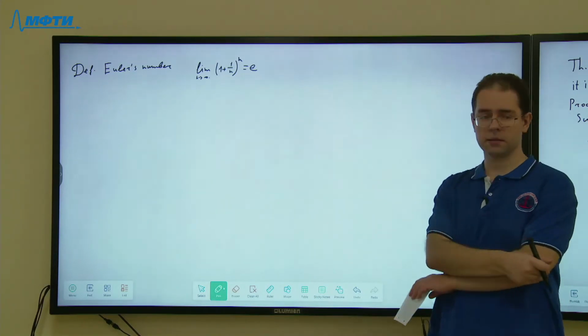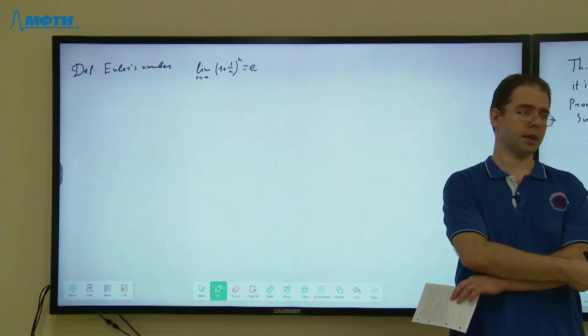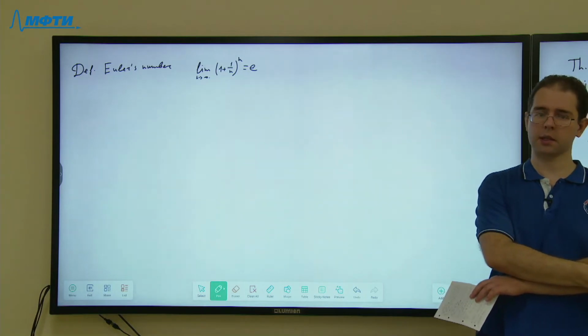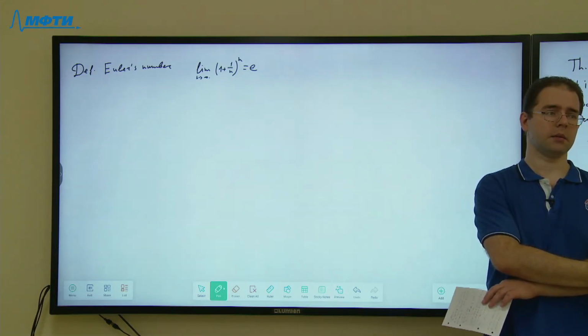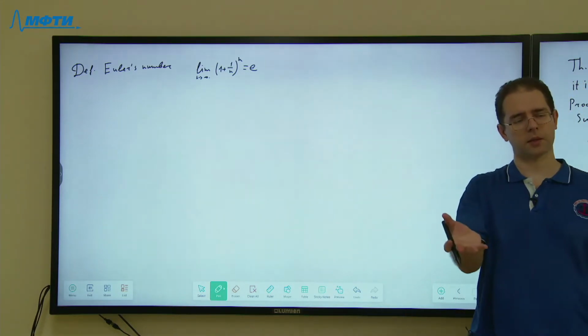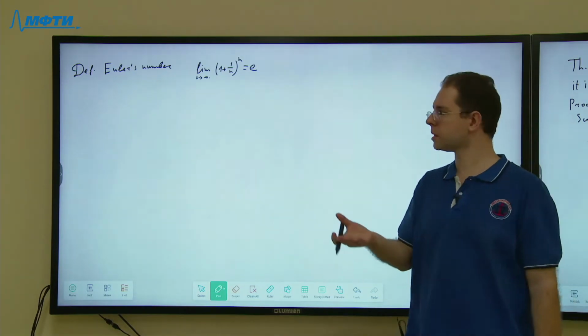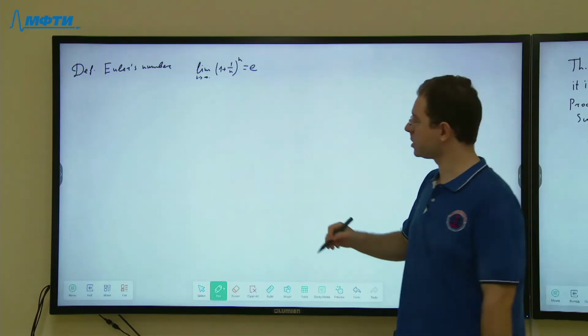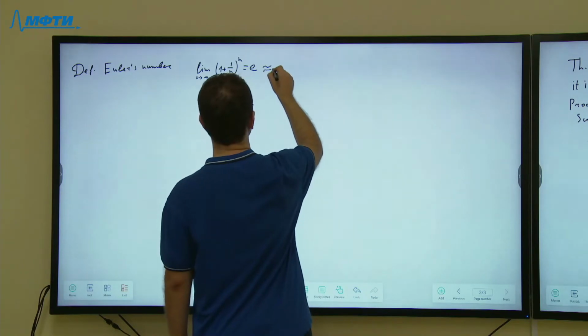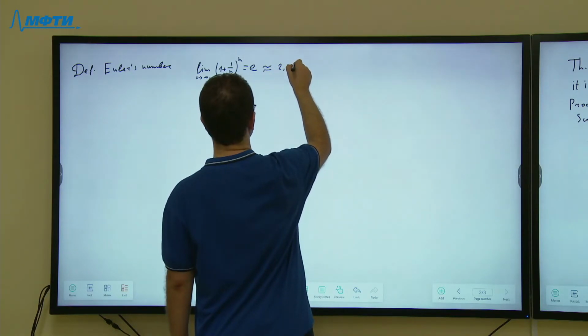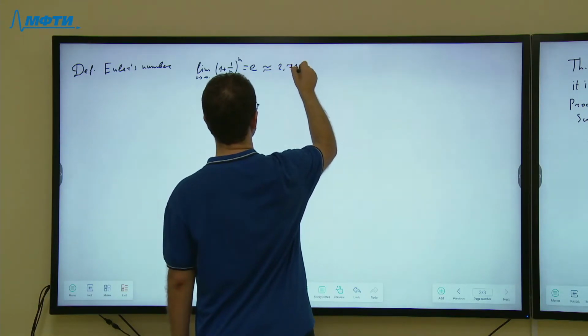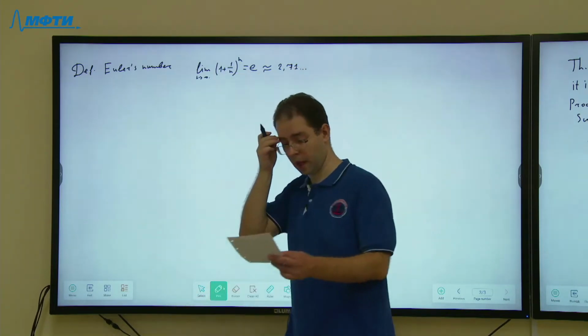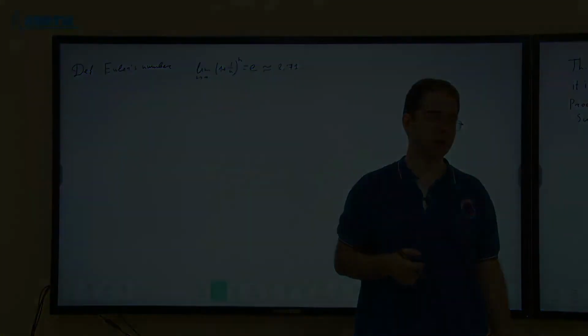Hence, it is a convergent sequence, and let's call this limit of this sequence number e, which is approximately 2.71. Okay, let's take a break.